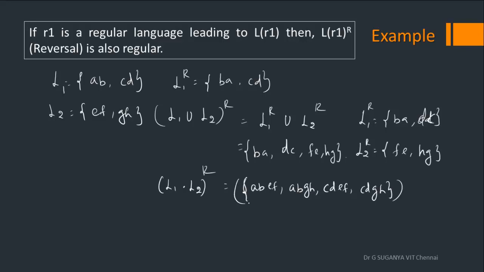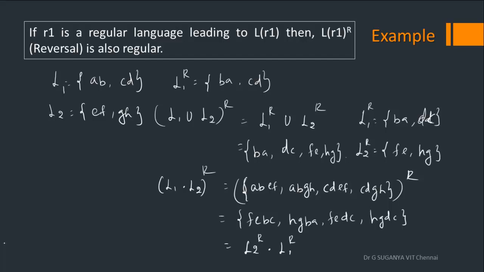This whole to the power reversal is what we have to apply. So it will be like FEBA and so on. What is this? This is actually nothing but L2 power R followed by L1 power R. So individually we have to take the reversal of the languages and then concatenate them in reverse order. That is the reversal of the concatenation of 2 languages.